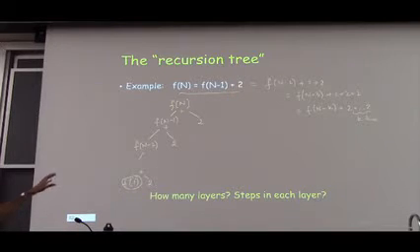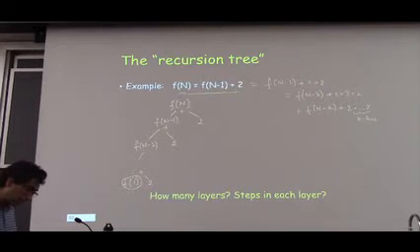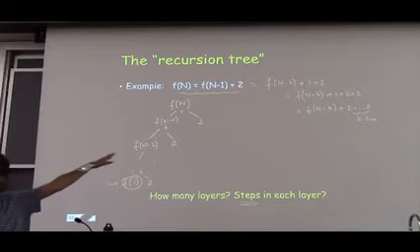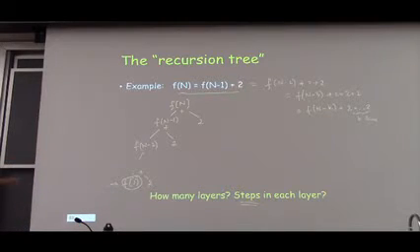This is what you can generally do for most recurrence relations. You expand the relation as a tree, and you've got to answer two questions. First, how many steps are there in each layer? What do I mean by steps? Steps are these constants. Those are the things that eventually get added up.